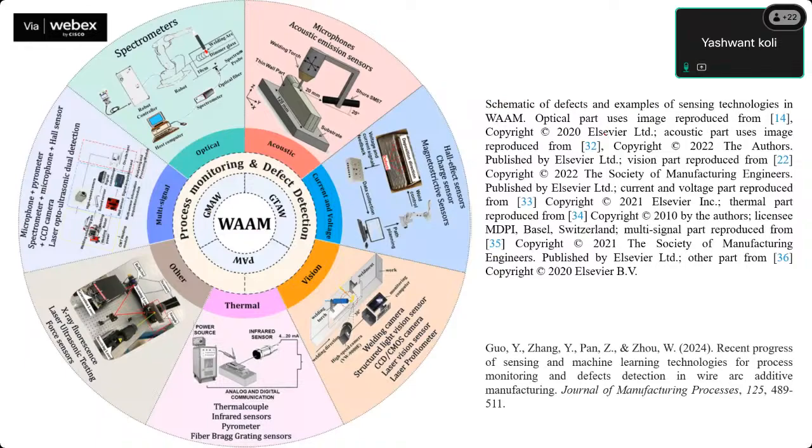But if we have to fabricate a bimetal component, suppose aluminum and stainless steel, and we deposit one layer of aluminum and a second layer of a different material, stainless steel, that also has a problem because of the different thermophysical properties of stainless steel and aluminum. The stainless steel dilution in the aluminum won't be that much, or the aluminum dilution.